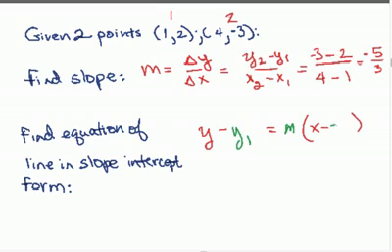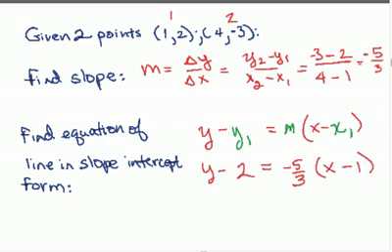These are the things that are needed in order to use this equation. So we have y minus y1. It doesn't matter which point you use, you'll come up with the same answer. Negative 5/3 x minus 1. Okay.